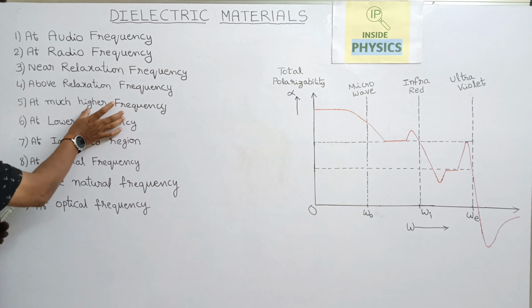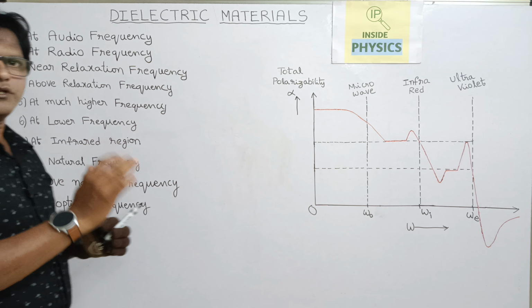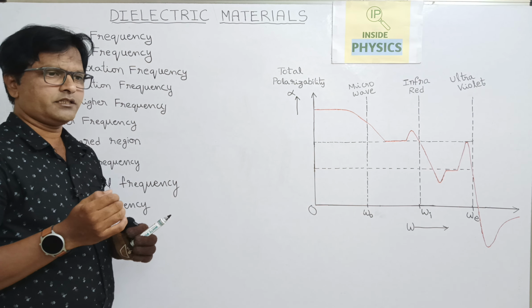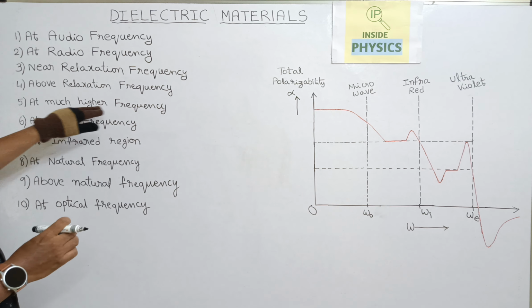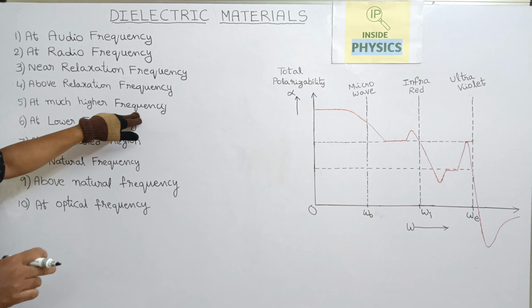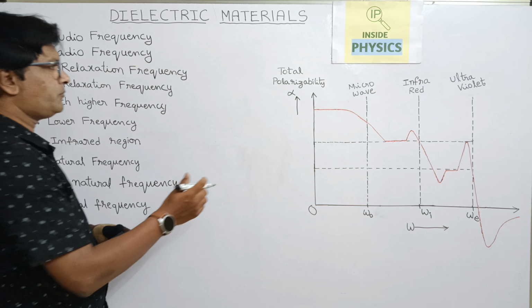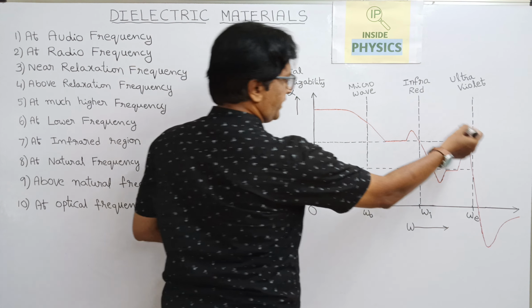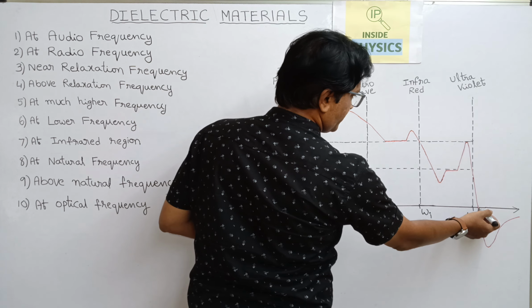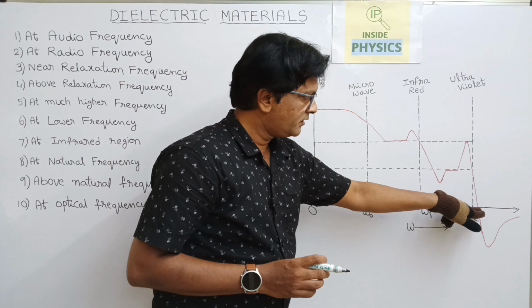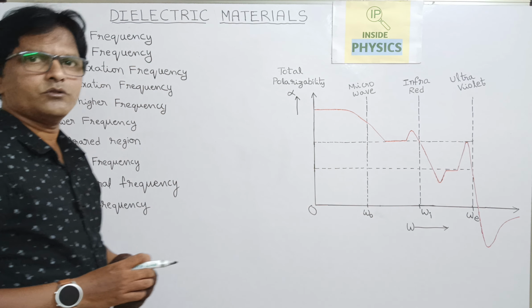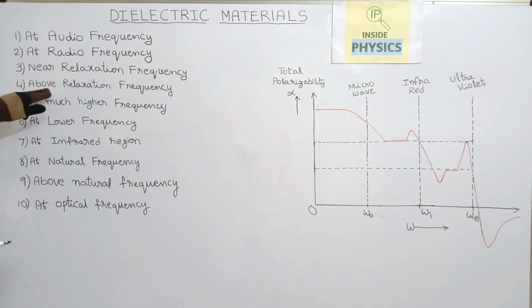The dipole orientation is not reaching the maximum, the fullest. So at this kind of polarizability, the power loss will be maximum. See here, the polarizability has come to 0 because at these higher frequencies, the polarizability coming to 0 means there is a higher power loss.